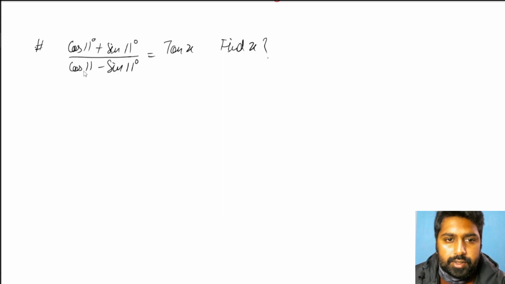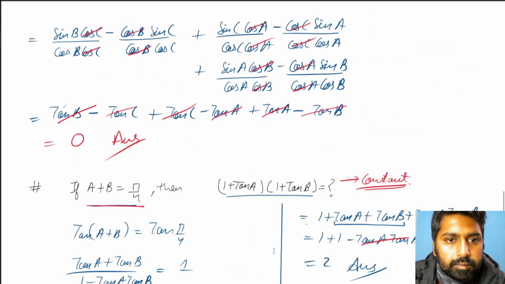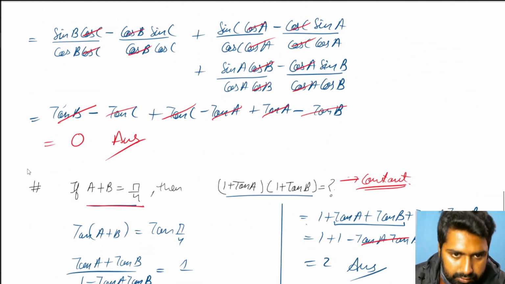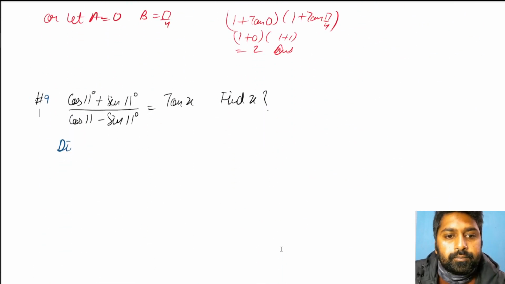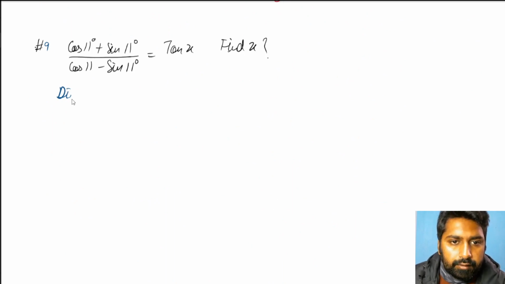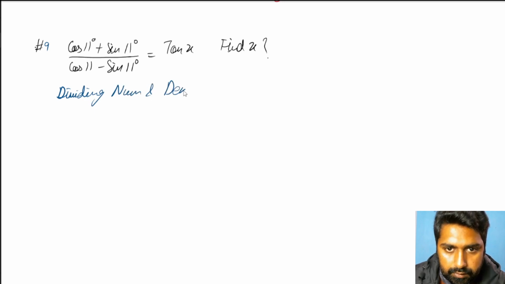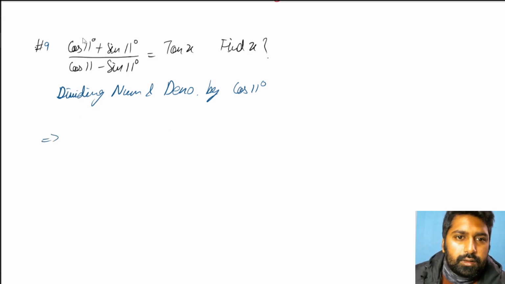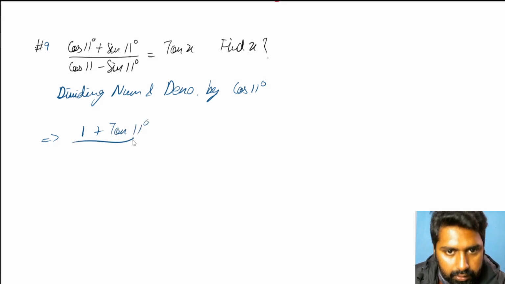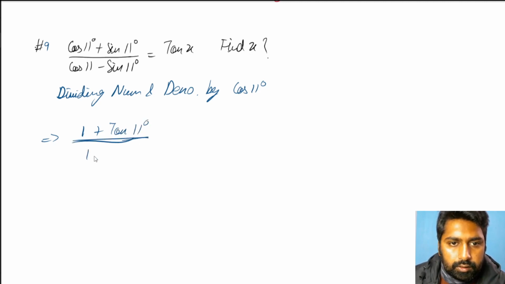First of all, there is no tan present, so let's generate tan. So this is question number 7, this was 8, this is 9. So dividing numerator and denominator by cos 11 degree, cos will become 1, sin upon cos will become tan. So we get 1 plus tan 11 upon 1 minus tan 11.